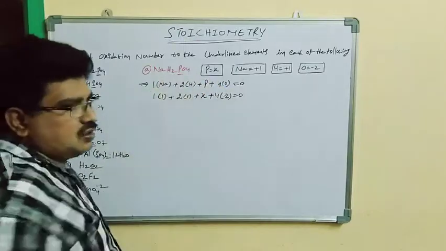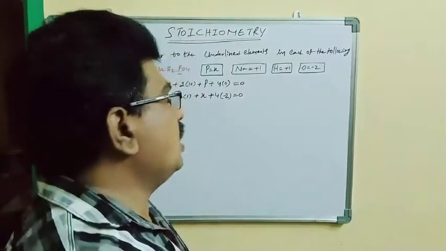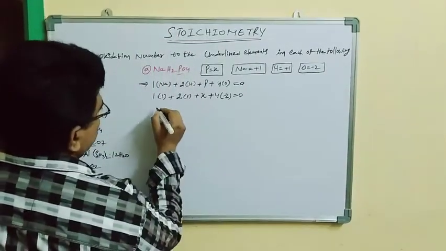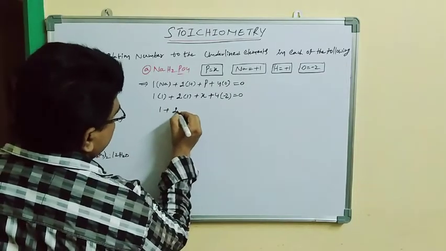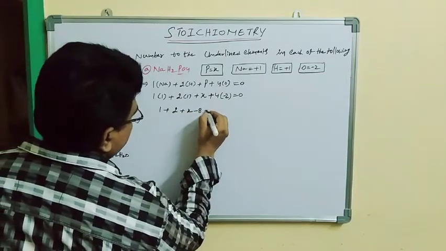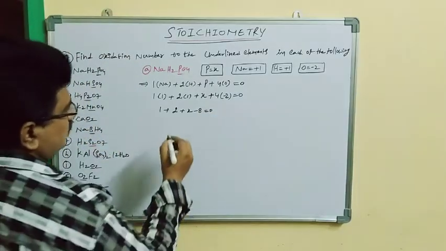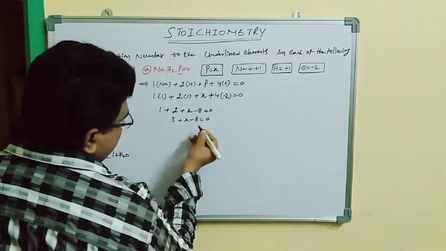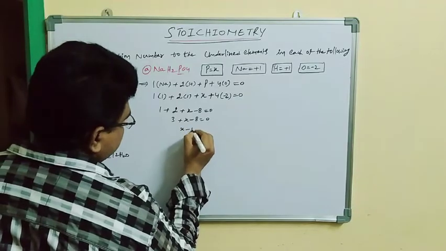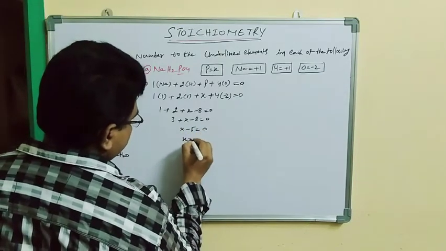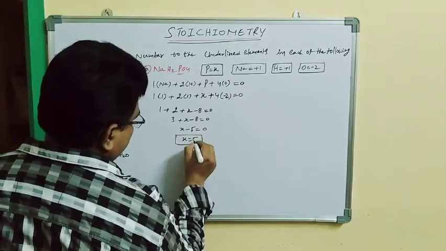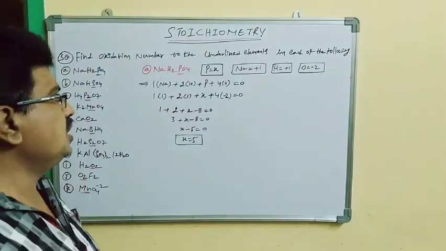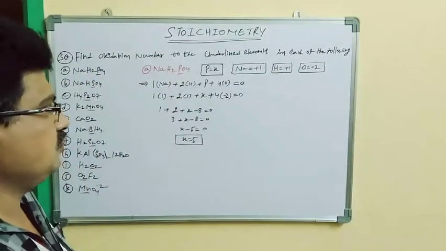So this is a compound, so the sum of all elements is equal to 0. Simplifying, 1 plus 2 plus X minus 8 equal to 0. So 3 plus X minus 8 equal to 0, X minus 5 equal to 0, X is equal to 5. So the oxidation state of phosphorus in NaH2PO4 is +5.